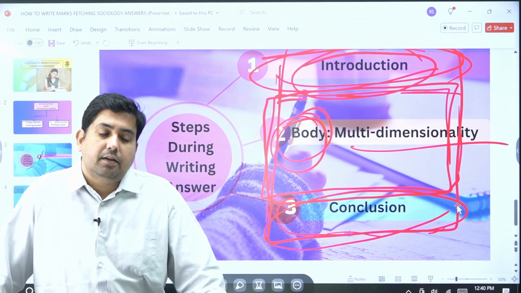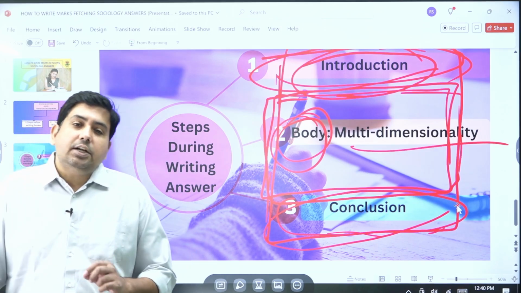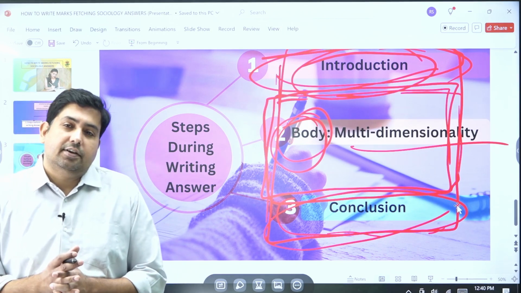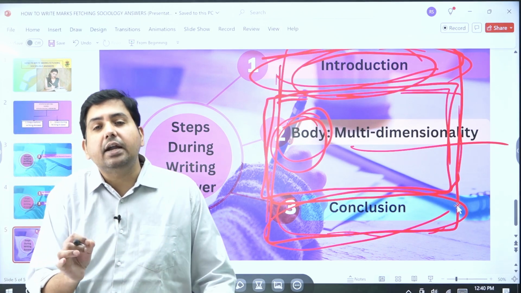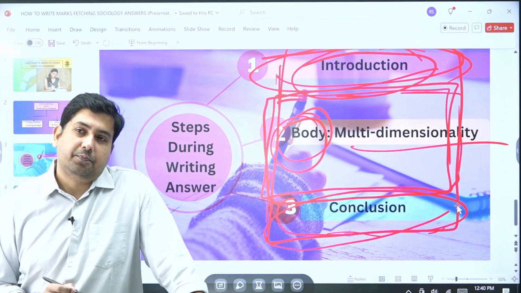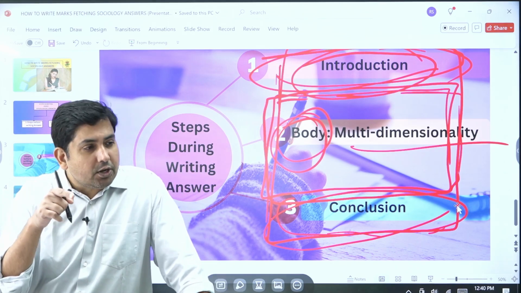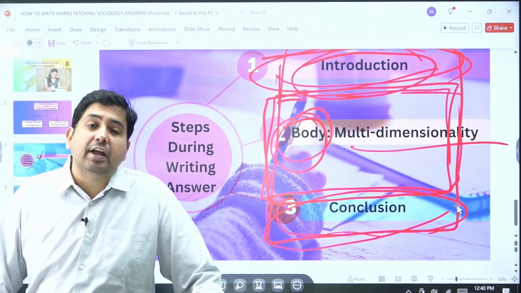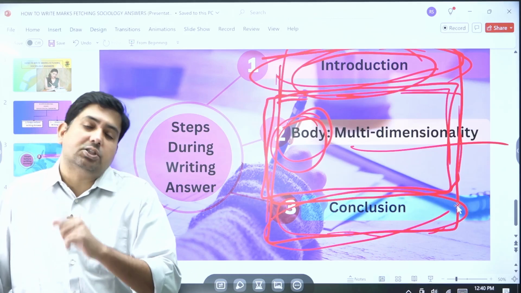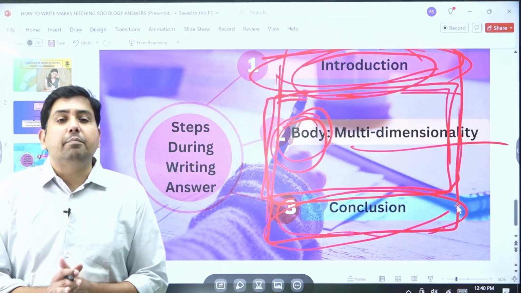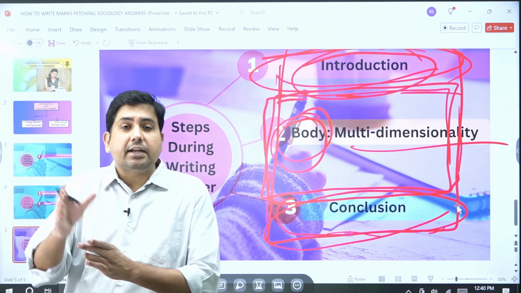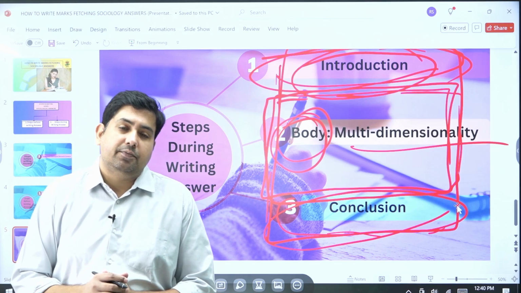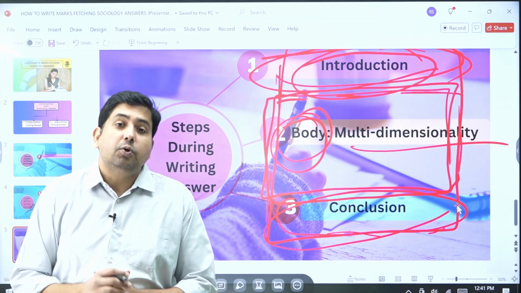Okay, then to the extent possible, always try to connect theoretical concepts to contemporary Indian society. This is actually crucial for paper 2, and it adds significant value to your paper 1 answer also. So for example, that collective conscience question I mentioned. The Kerala flood from way back would be an example of what?